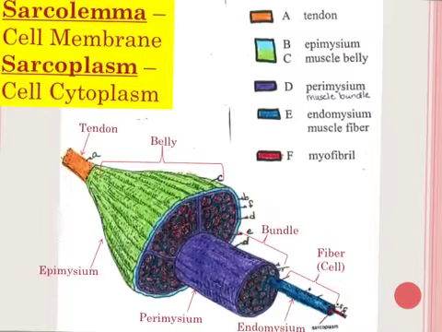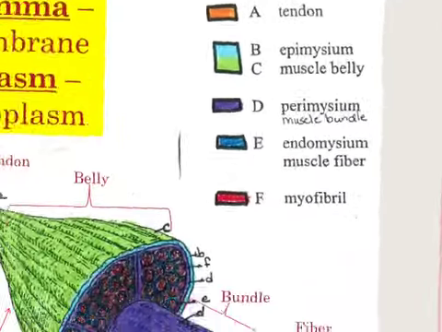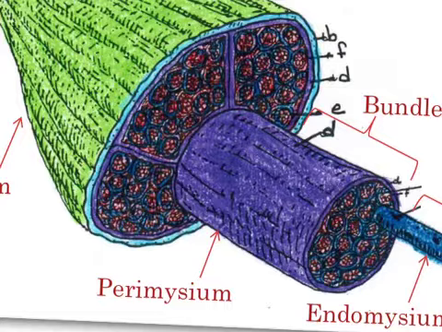The next part is going to be your perimysium, which is your muscle bundle, and I colored that kind of a purplish color. So you can see that your perimysium covers the outside here, and it covers each of these individual bundles that are made up of other bundles of muscle cells. So that's your perimysium.